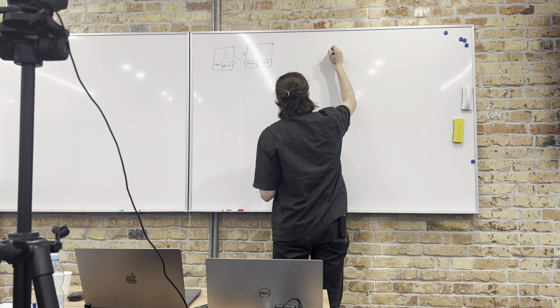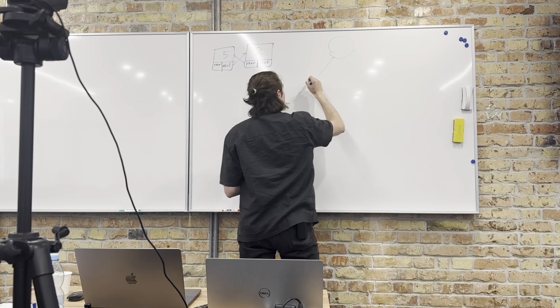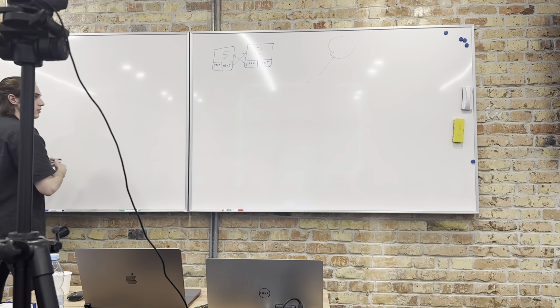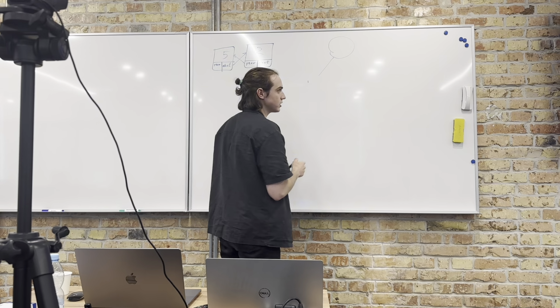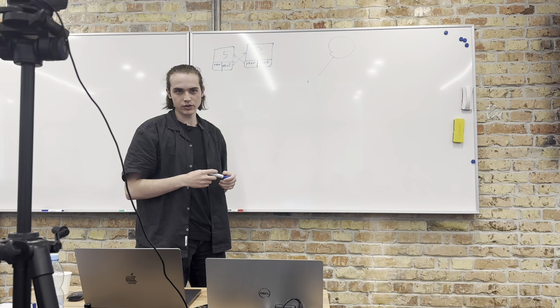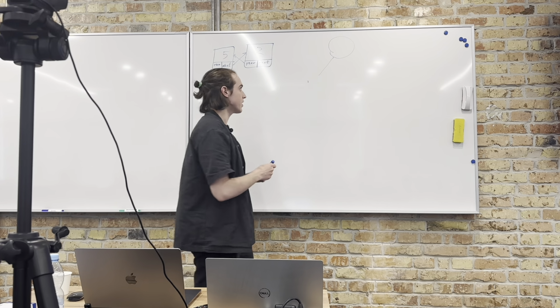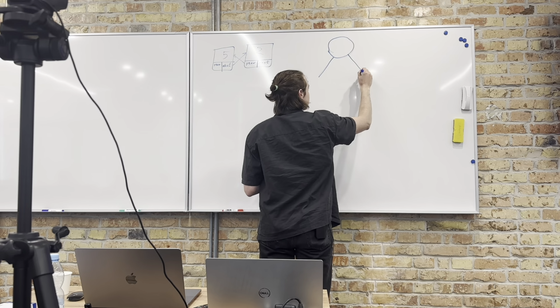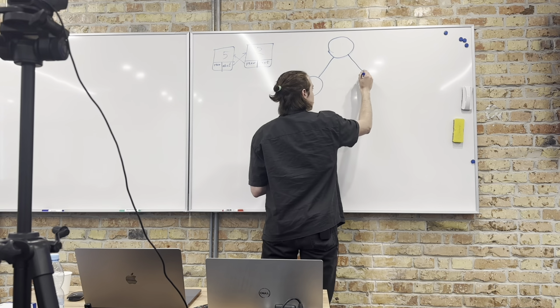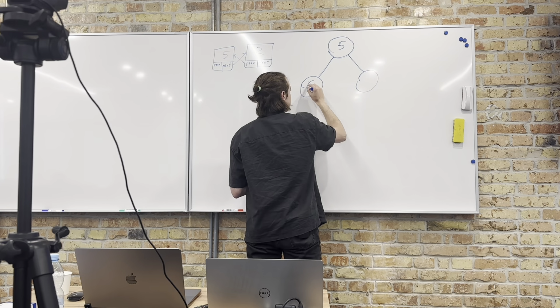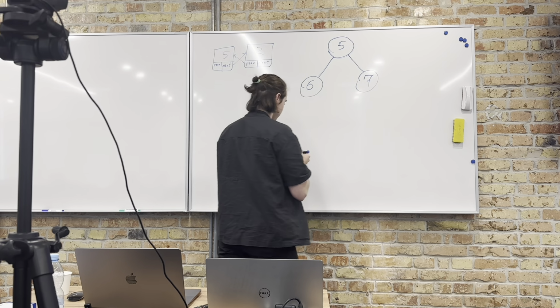In a tree, we have pointers to some children. In this example, we have a binary tree. Binary tree means that every node has two pointers to two children. For example, something like this.